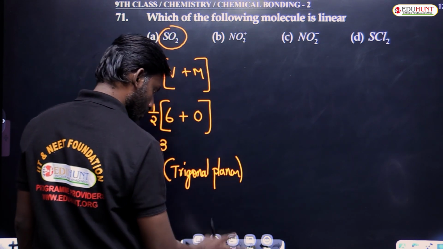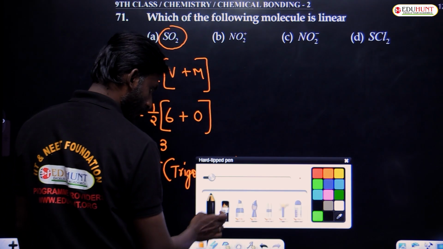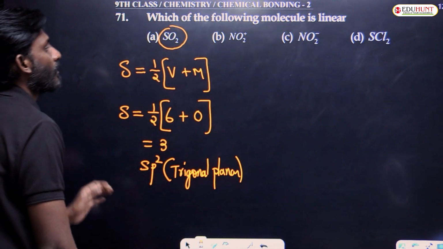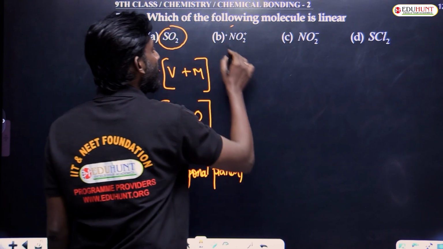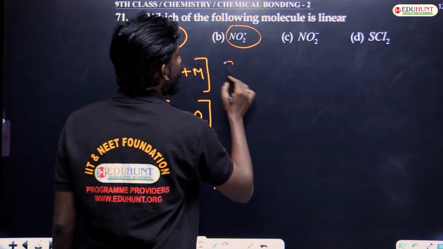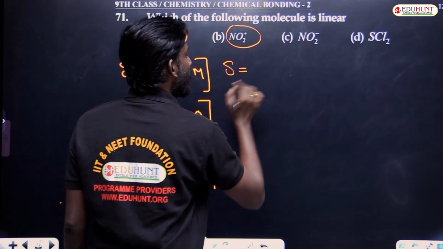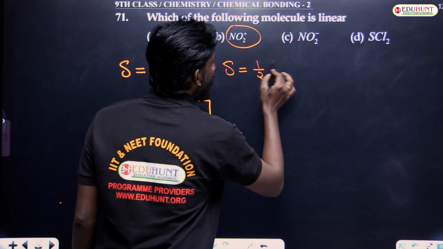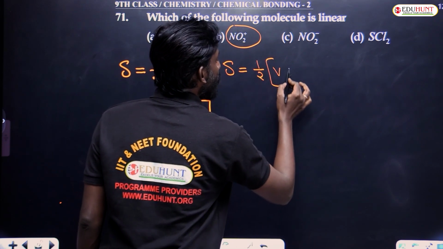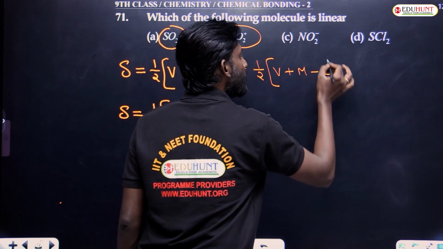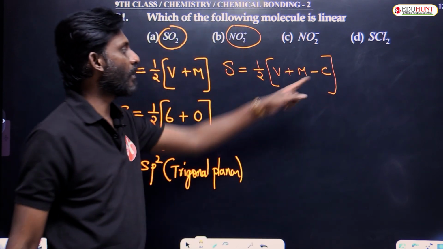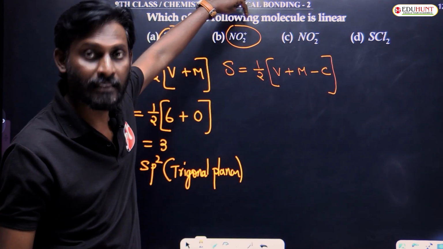Let me use a different kind of pen. Now the same thing you can do for NO2 plus, but this is an ion. For an ion, the formula is S, the steric number, equals 1 by 2 times the valence electrons plus monovalent atoms minus the charge magnitude. Why minus? I have told you that in the previous classes.